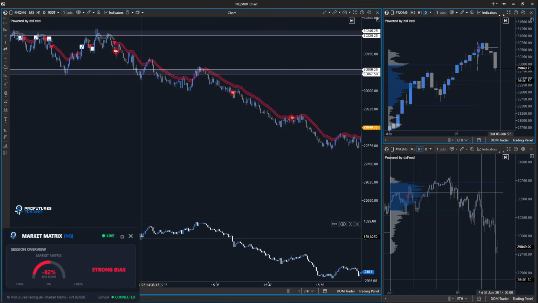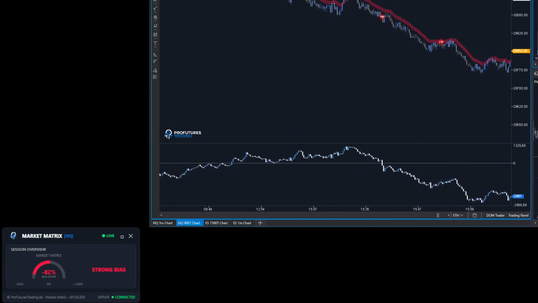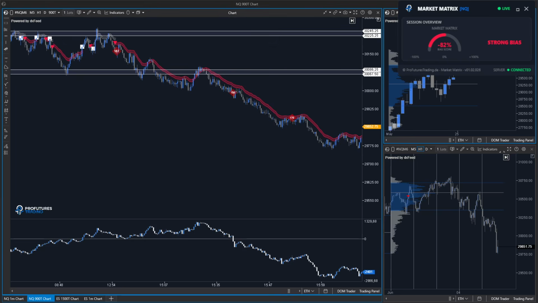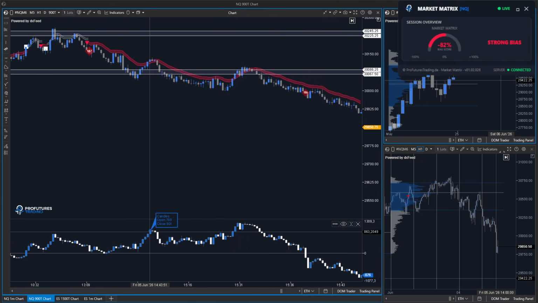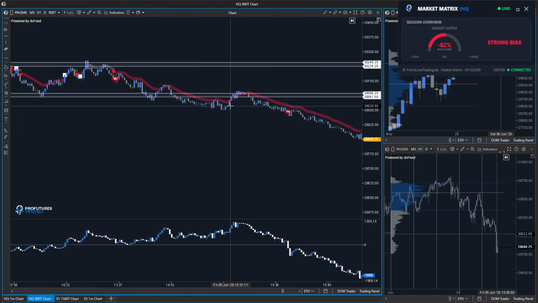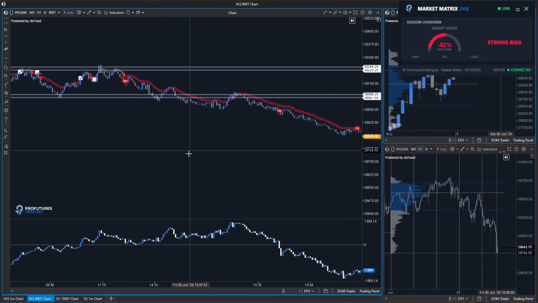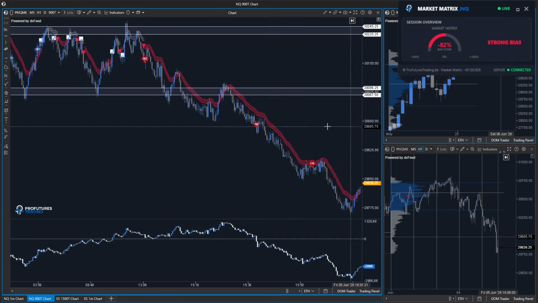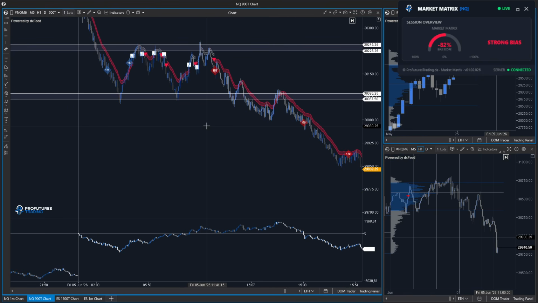In this example, you can see that aggressive buyers came in here again, and there's no sign of aggressive selling. So then they just grind it down a little bit. There's a balance between the seller party and the buyer party. So you wait for the opportunity to come again.